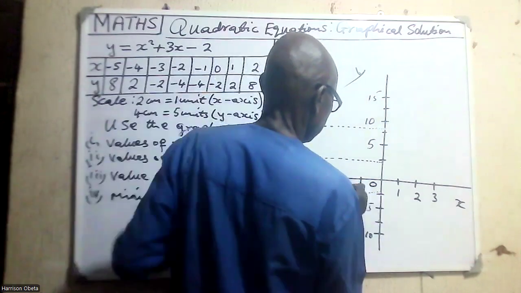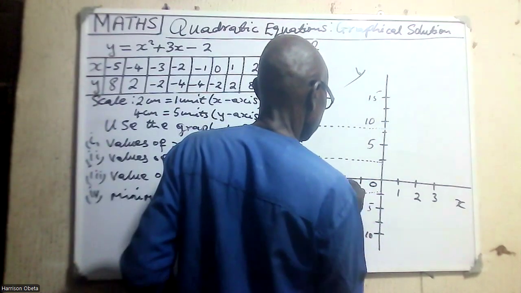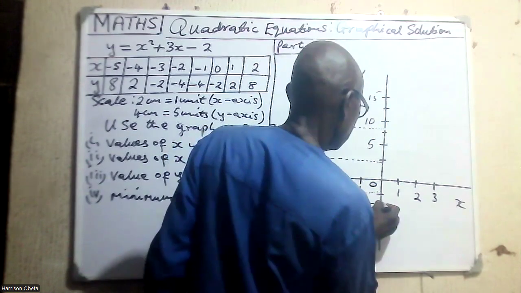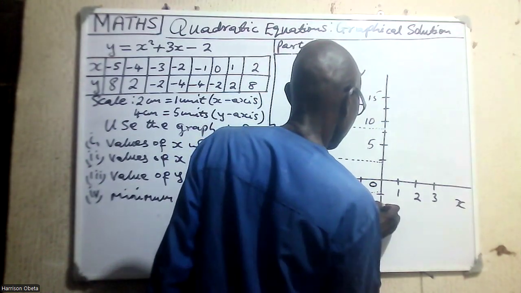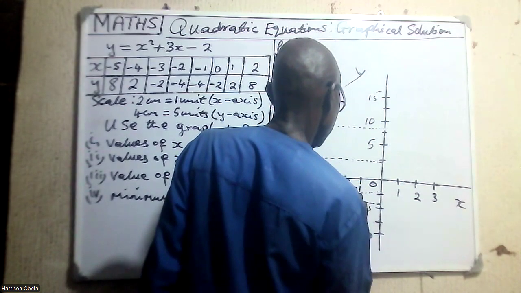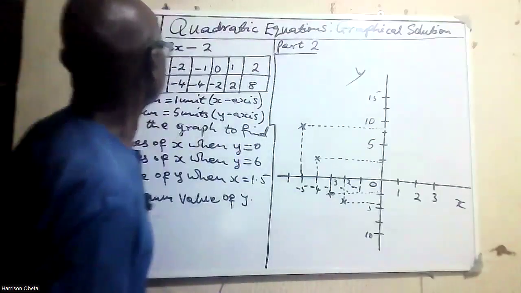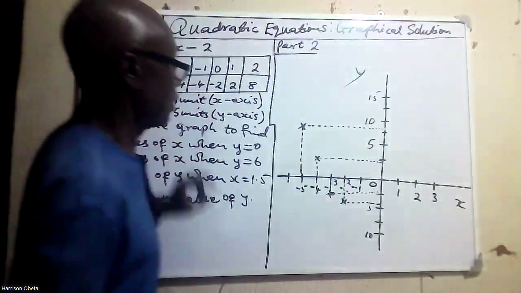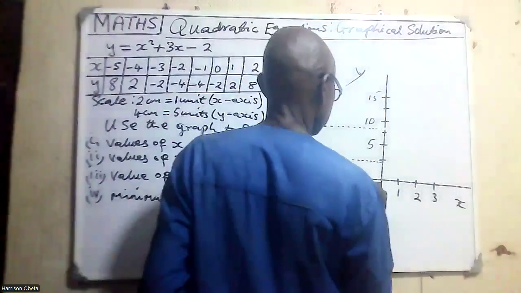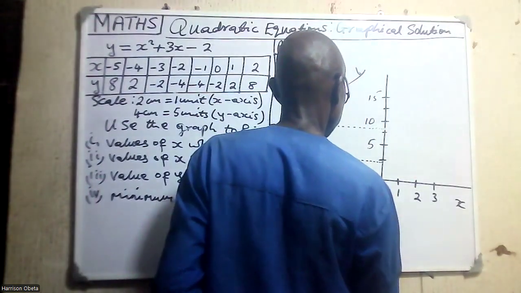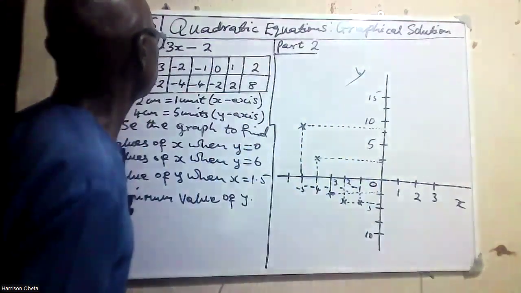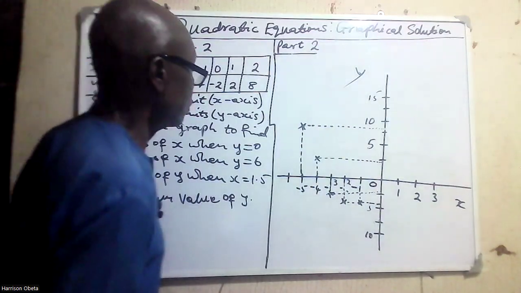So that would be this. Very close. Okay, we have this. Then minus 1 also minus 4. The same thing. We have this. Then 0 is minus 2.